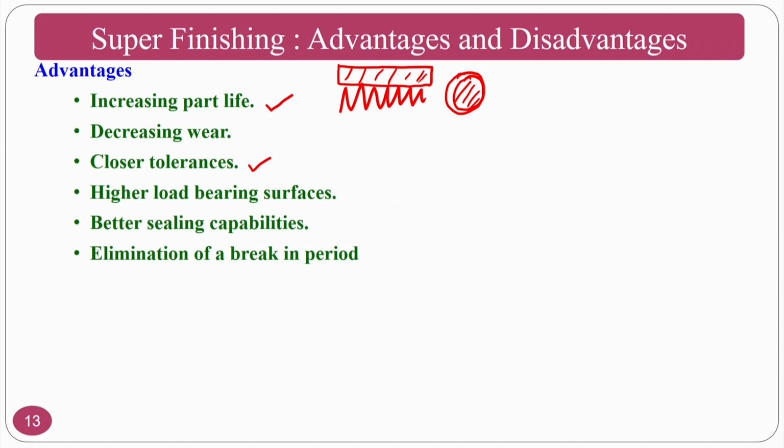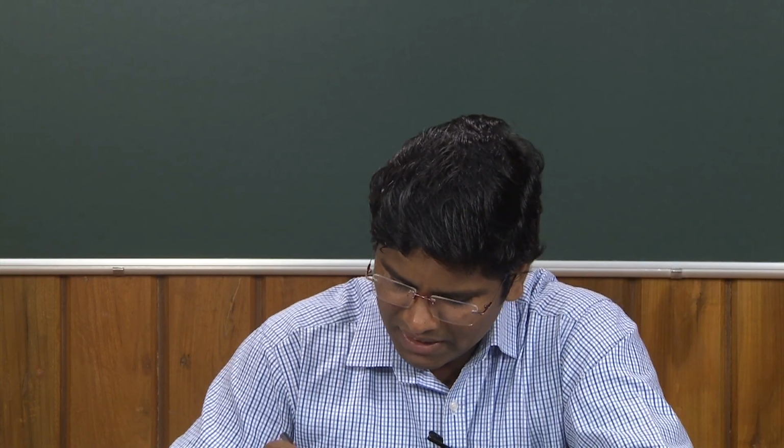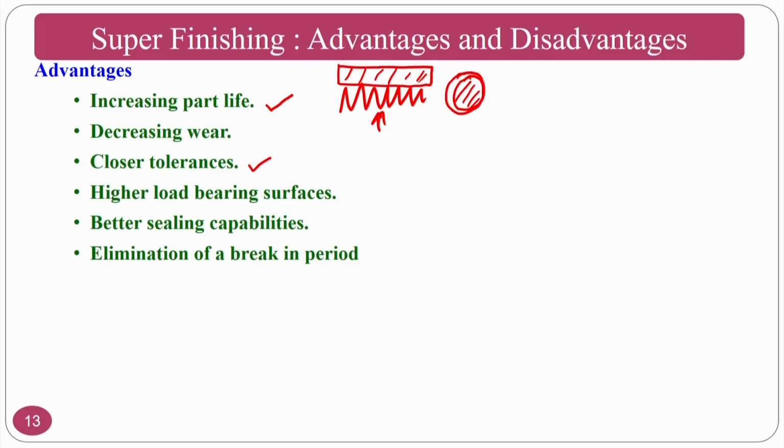So, obviously your surface is smooth and your perfectness will be very high. That is why your tolerances will be closer as per the requirement of the customer. Higher load bearing surfaces: if you see in this particular picture, the bearing surface is very less.